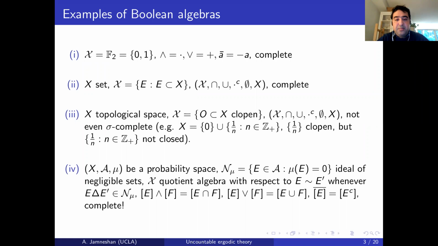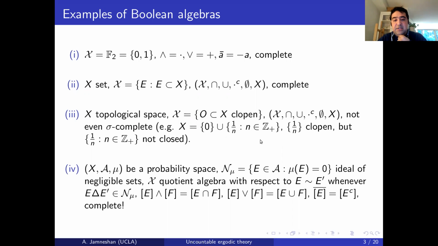To see an example, consider as a topological space the space consisting of 0 and 1 over n for all positive integers, with the topology it inherits from the real line.